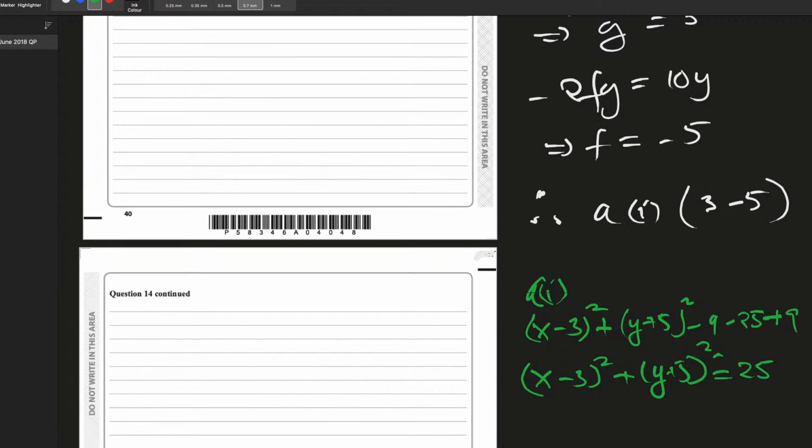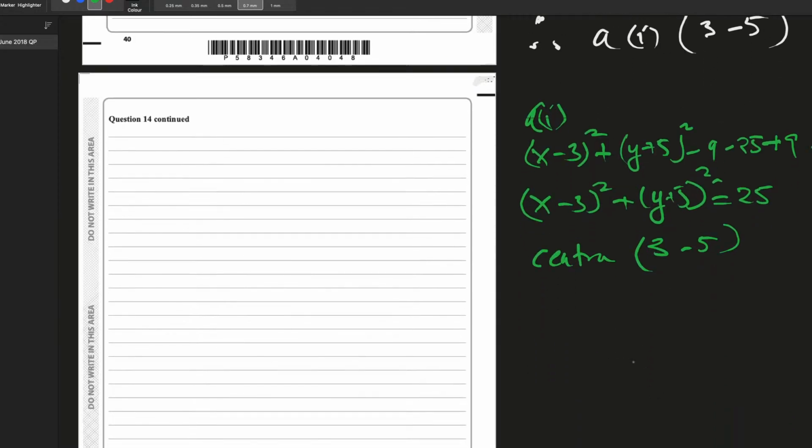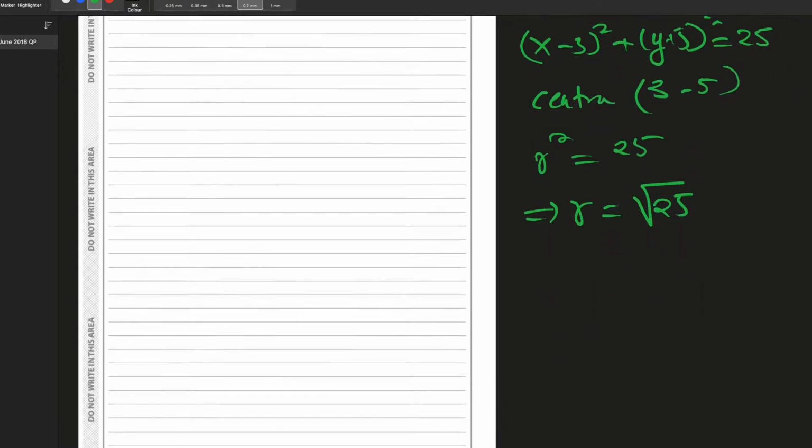Meaning the center is 3, negative 5, as I got it earlier, and also the radius, as you can see over here, r squared is equal to 25. This implies that r is equal to the square root of 25. Friends, that is how it is.